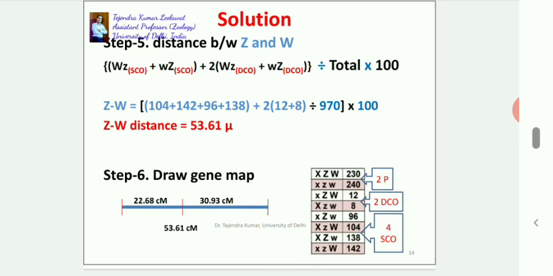And on the last end, after the 30.93, you have to mention W. So it is the exact gene sequence, and you can recheck that 22.68 plus 30.93 gives you 53.61, right? So this is the exact gene map, and the total value is the same. It means our calculation is perfect.